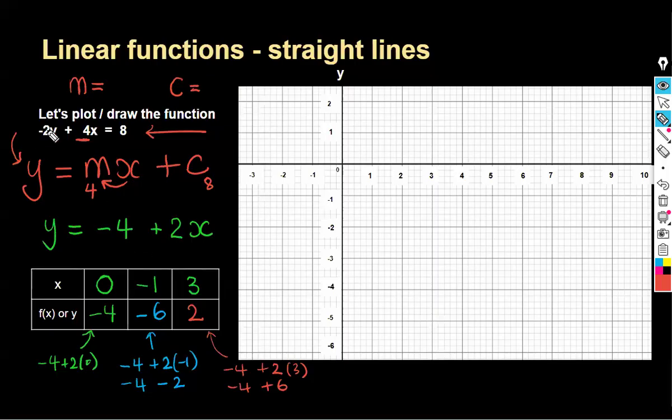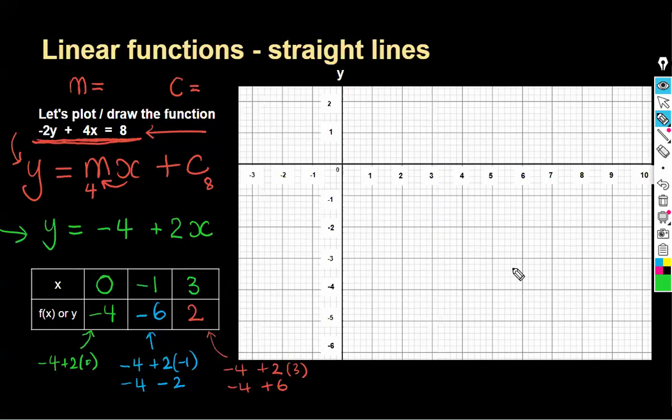In the first equation, the one that the examiner started off with, is y the subject? No, y is not the subject. You can't be going around trying to identify m and c when y is not the subject. But look at the green equation. We made y the subject. So only then can we identify m and c.